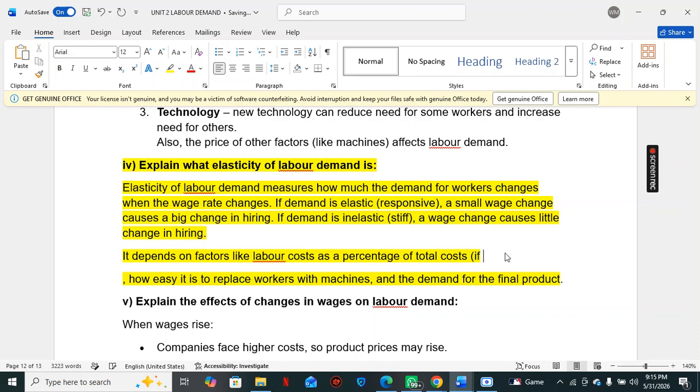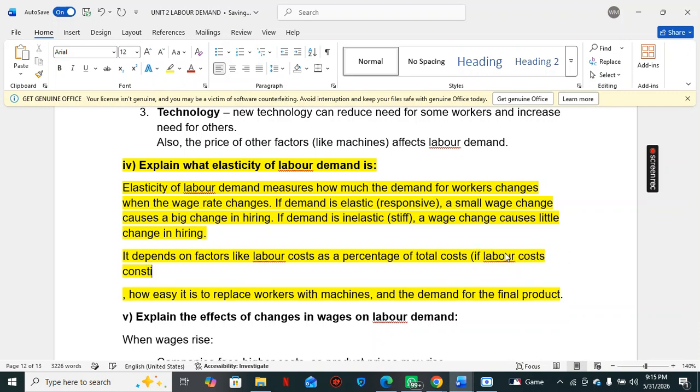If labor costs constitute a big percentage of your total costs, it means demand for your labor is elastic, sensitive. Demand for labor is elastic.